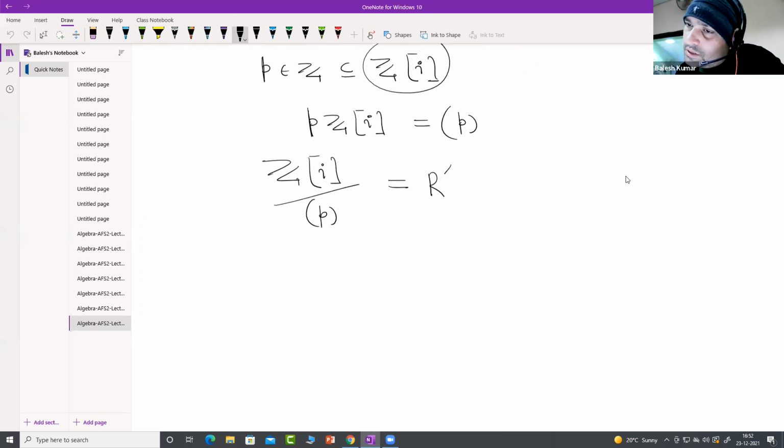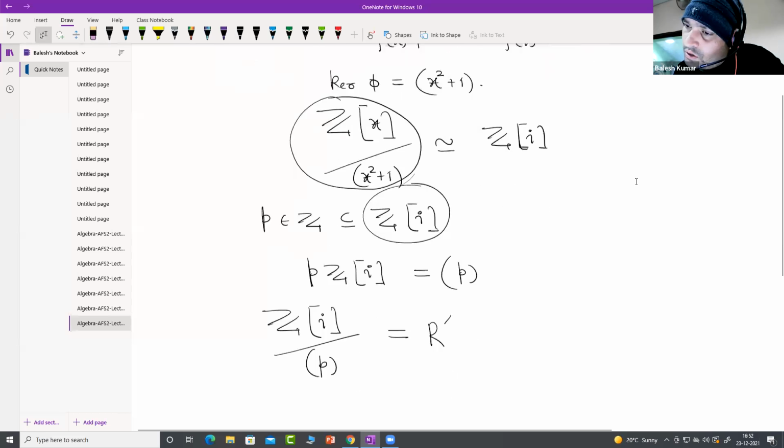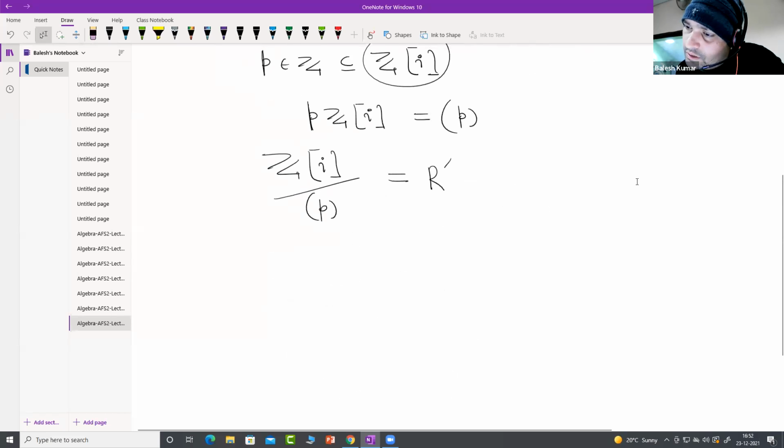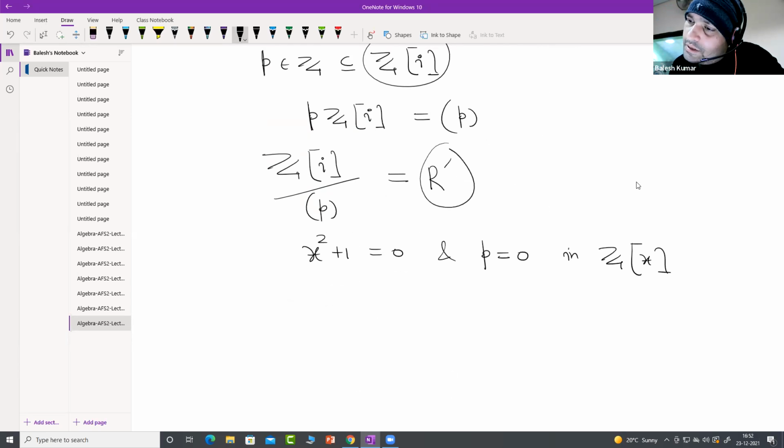In this ring we are putting the condition that x squared plus 1 should be 0, and that this prime p, whatever we have taken, is equal to 0. If you put these two relations in the polynomial ring Z[x], one can see that R' is obtained.